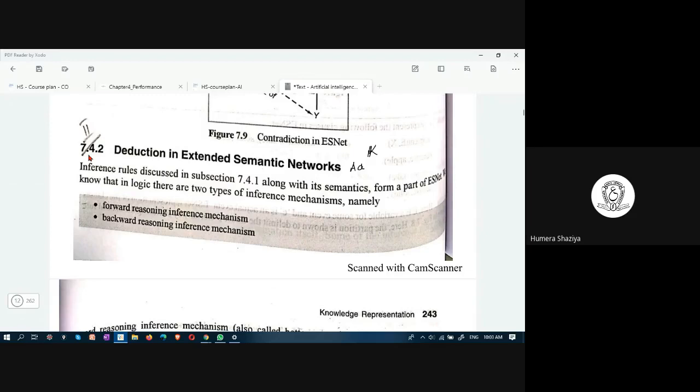For example, if there is a statement given, the statement is: John is having headache today in the morning.